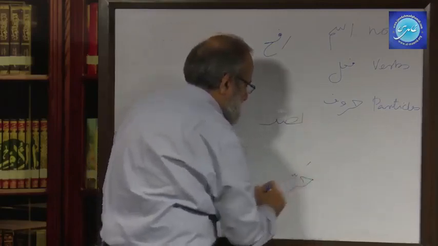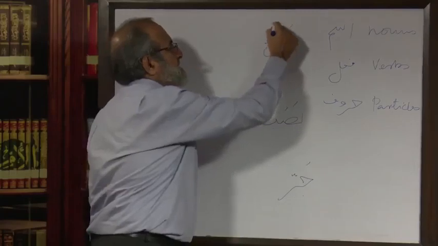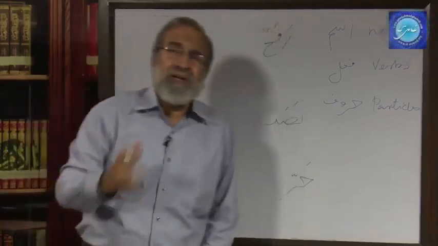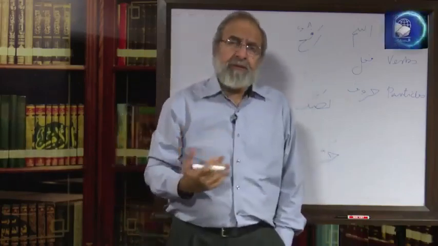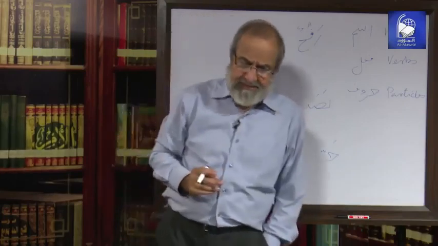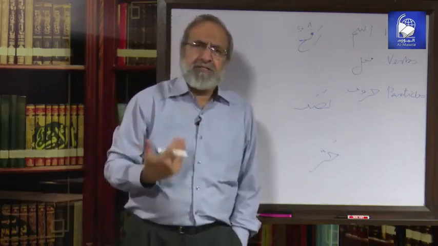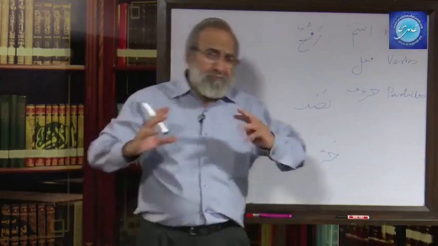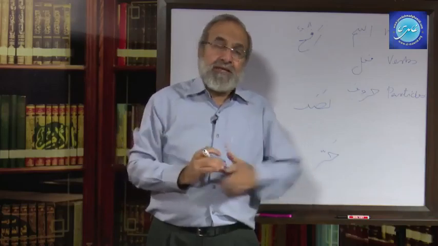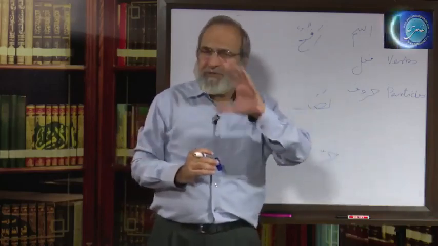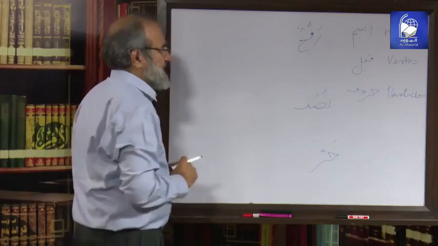These are the cases which we have in Arabic, and we are talking about the different possibilities where Rafa, Nasab and Jar are used. The nominative case, the accusative case, and the genitive case. Accusative is Nasab and genitive is Jar. But before I move on to the next possibility, Nasab or Jar, as we've already done Rafa, let us recap the different forms these three possibilities take.